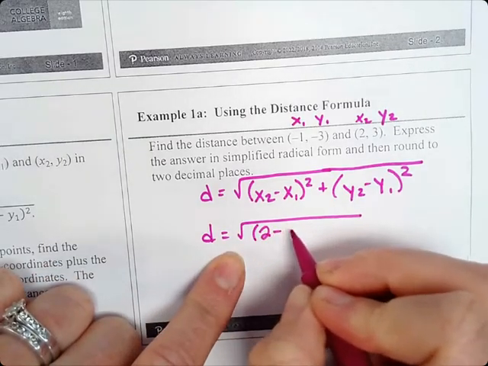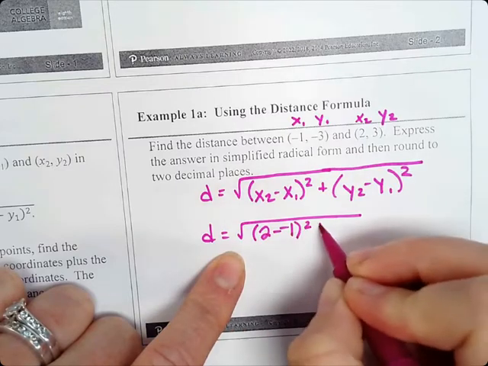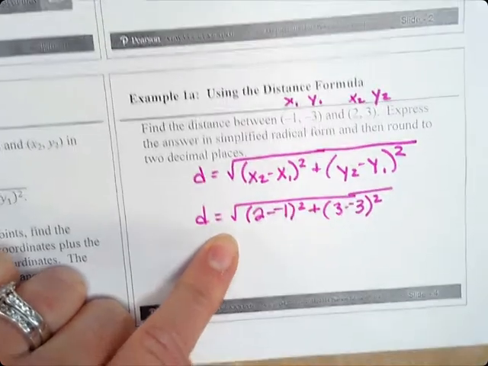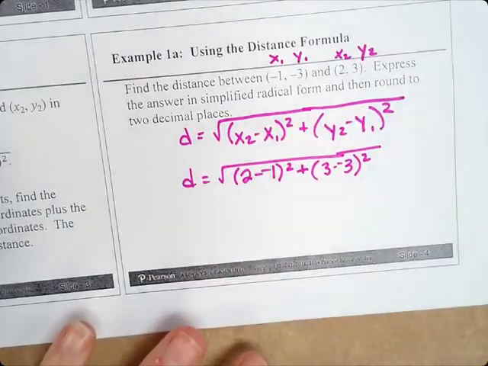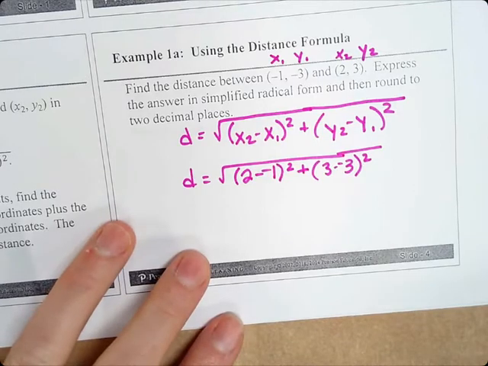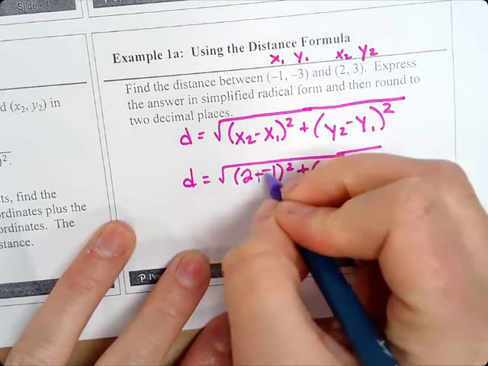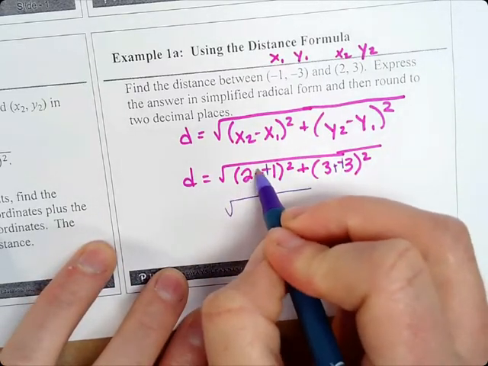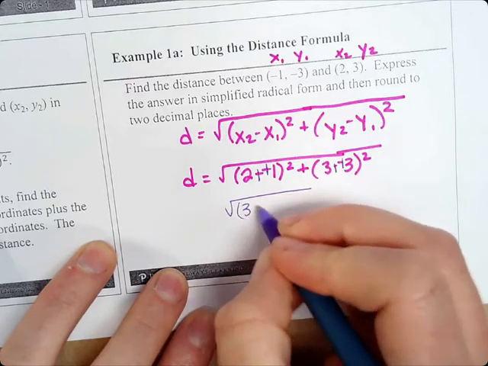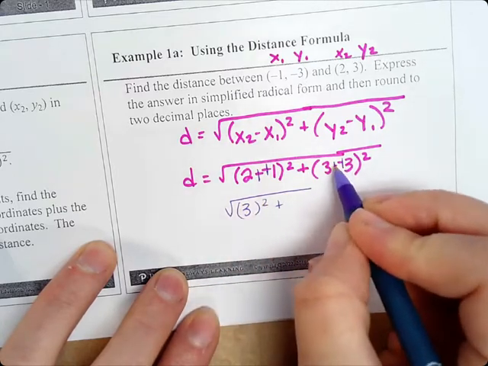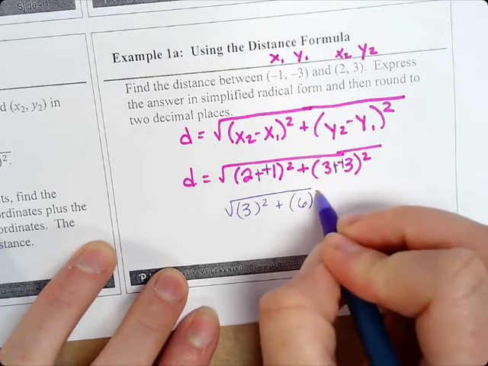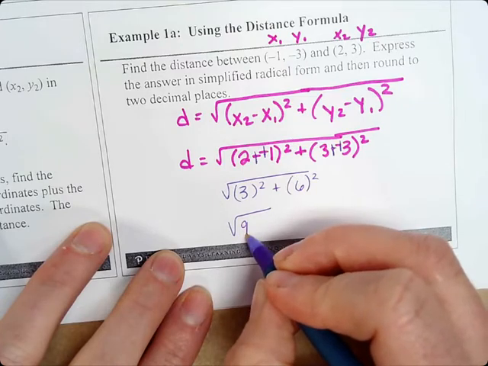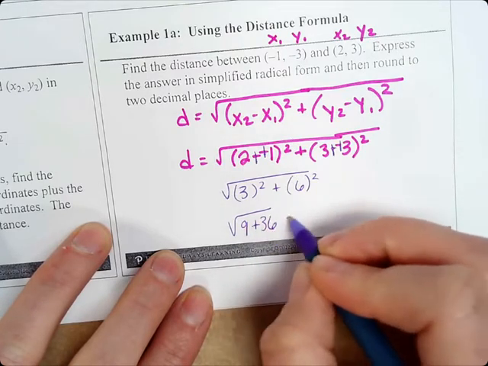So 2 minus a negative 1 squared plus 3 minus a negative 3 squared. Get rid of that minus and negative. And then we have 2 plus 1 is 3 squared, plus 3 plus 3 is 6 squared. 3 squared is 9, 6 squared is 36.